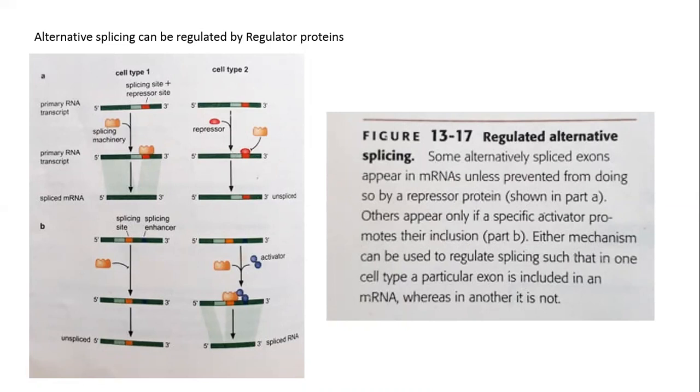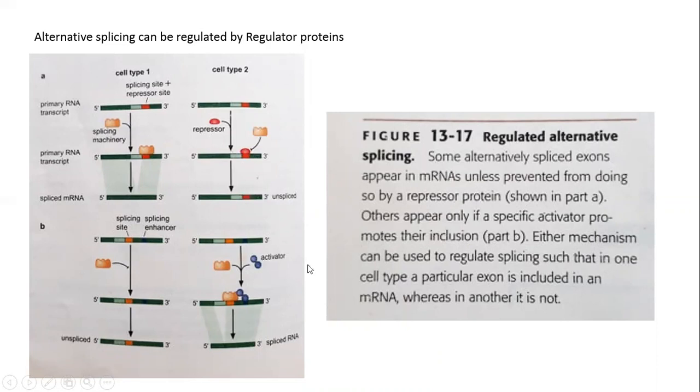The splice site also acts as the repressor site, and it is responsible for the blockage of the spliceosome machinery. When the splicing machinery sits on the splice site, the splicing happens, and when the repressor completely binds to this splice site, then the splicing is stopped, and the primary transcript remains in unspliced condition.